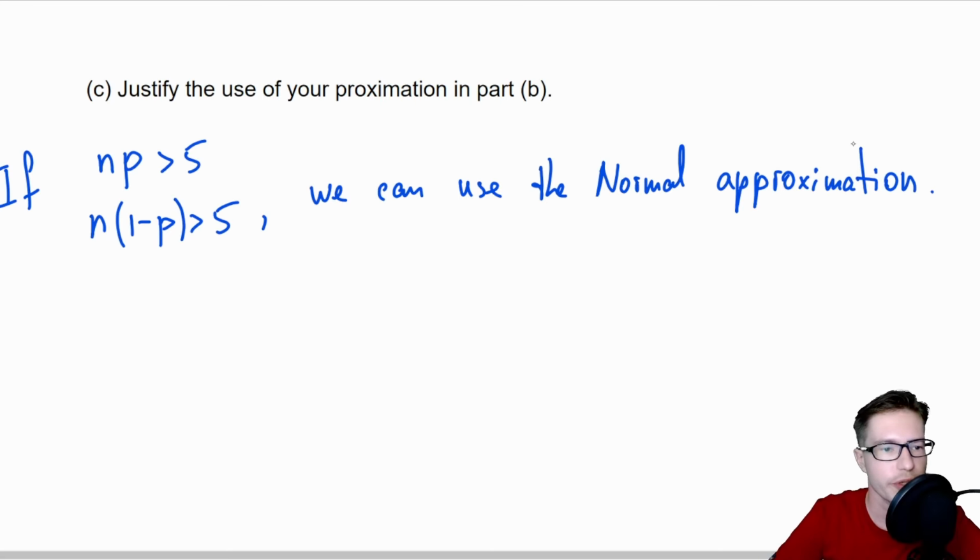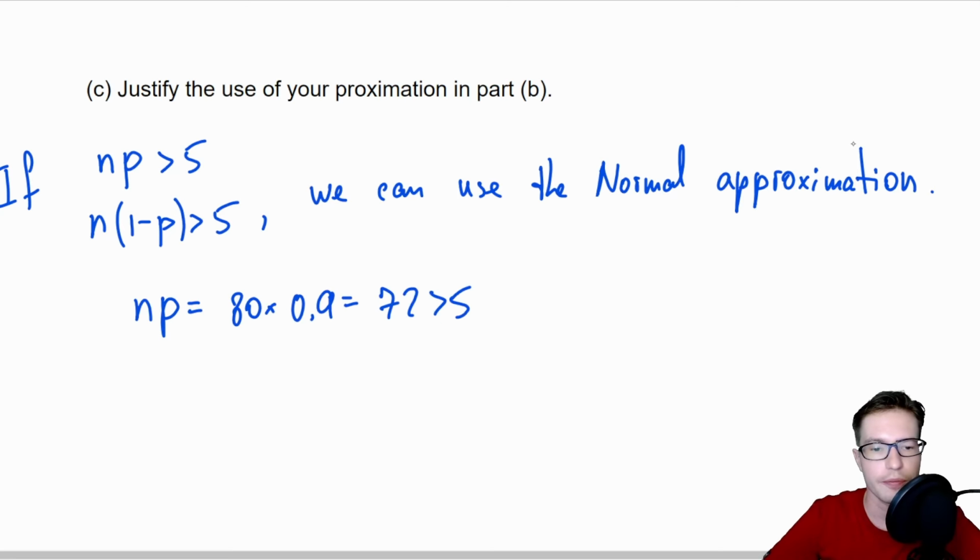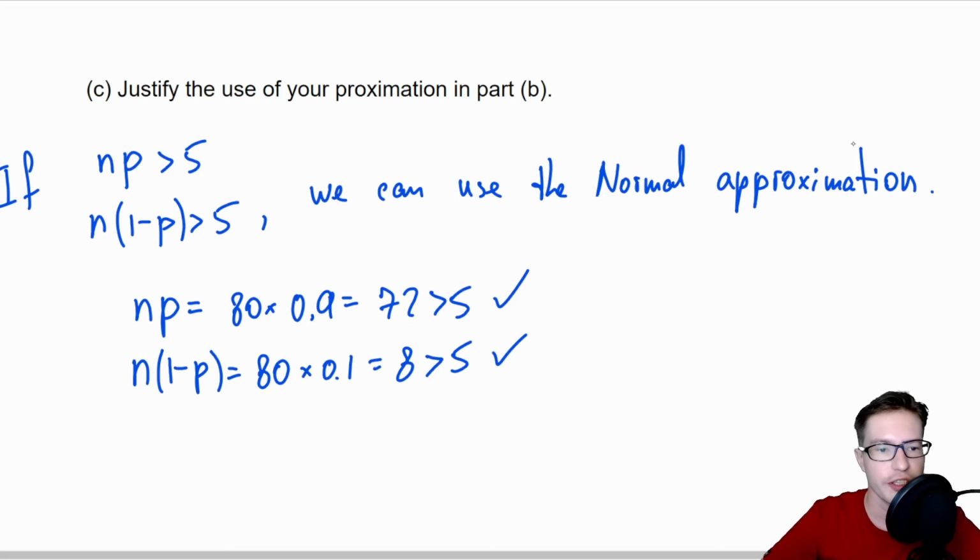So now all we have to do is to calculate both values. np is going to be 80 times 0.9. That's 72 and it's bigger than 5. So okay. Now n times 1 minus p is going to be 80 times 0.1, which is 8, and 8 is also bigger than 5. So both conditions are satisfied.